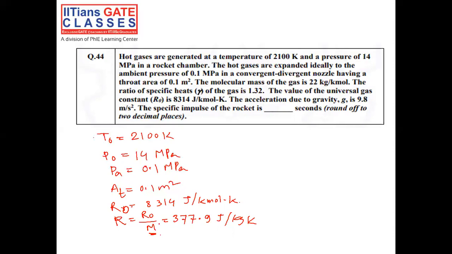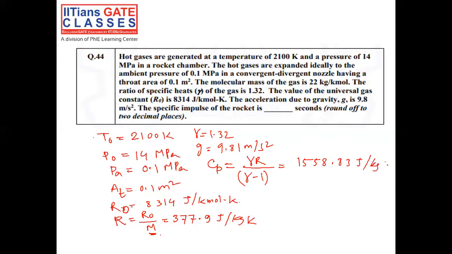Gamma is given as 1.32, and g is 9.81 meter per second square. The Cp of the gas you can calculate as gamma R by gamma minus 1. You can substitute the values here and we will get Cp as something around 1.83 joule per kg Kelvin.